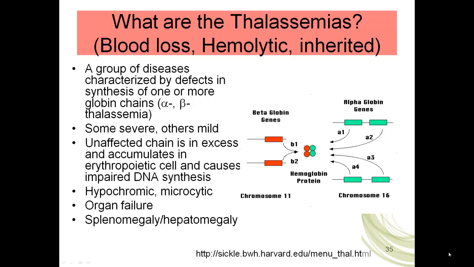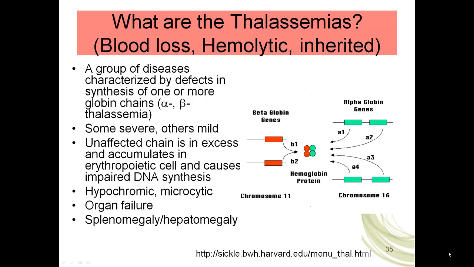Obviously, with hemoglobin molecules that are not made correctly, this can lead to organ failure because of can't carry oxygen, obviously, very well. And the red blood cells that are being destroyed or hemolyzed, this means there's going to be an increased workload for the spleen and liver, and those organs become enlarged.